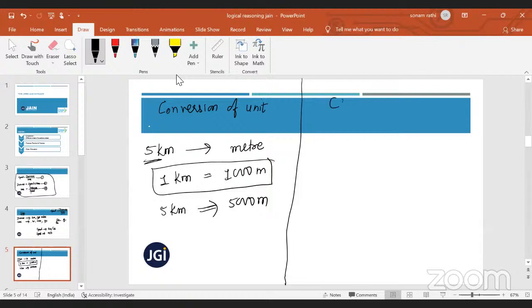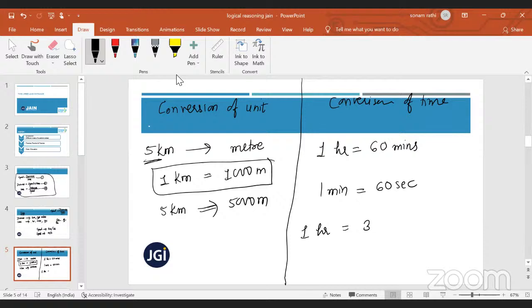Conversion of time. 1 hour is equal to 60 minutes. 1 minute is equal to 60 seconds. 1 hour is equal to 3600 seconds.